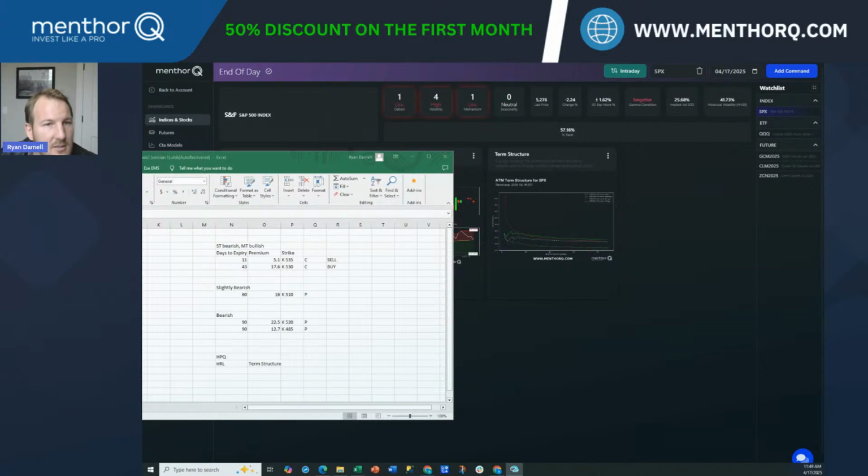Looks like the 32-day option on SPY is going to be roughly, we'll just use May 16th as a proxy for that. The May 16th 530 call is currently trading around $16.